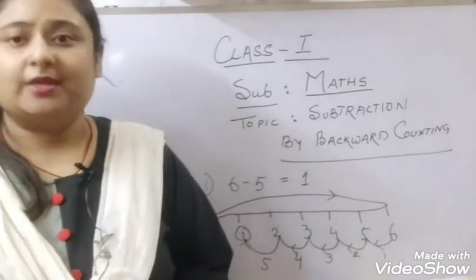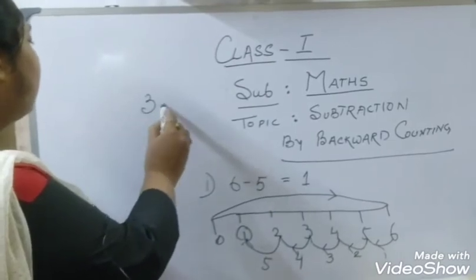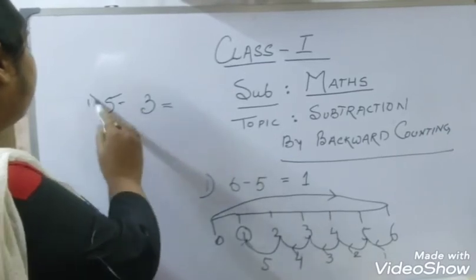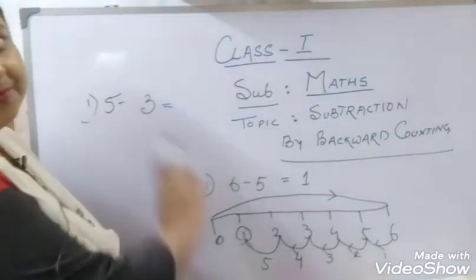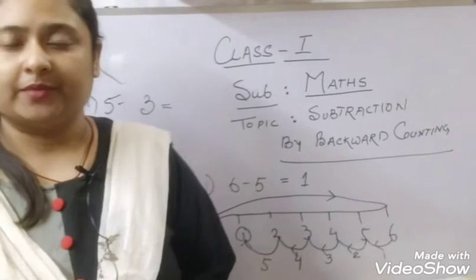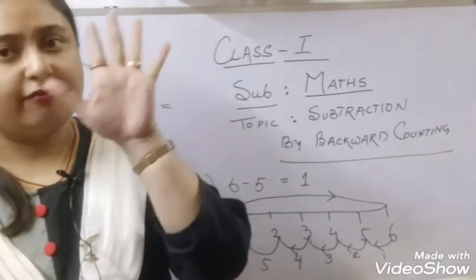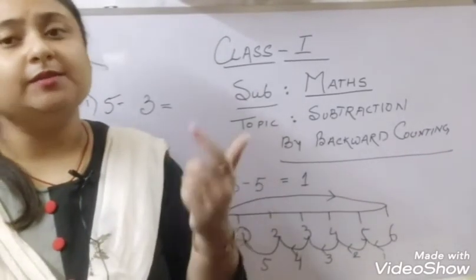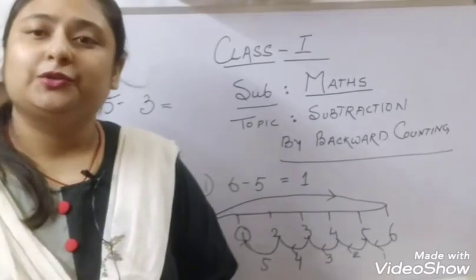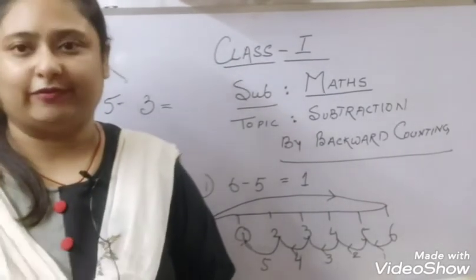Let's just assume that our sum is 5 minus 3. What is the larger number that we have? It is 5. And what is the smaller number that we have? It is 3. So children, we need to do a subtraction of 3 from 5.